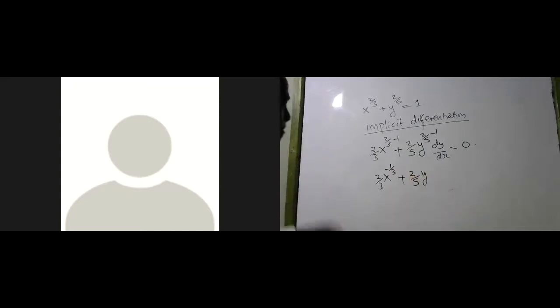Then this one is going to have 2 over 3 x to the power 2 over 3 minus 1, plus 2 over 5 y. Isn't it minus 3 over... because it's 2 over 5, not 2 over 3?